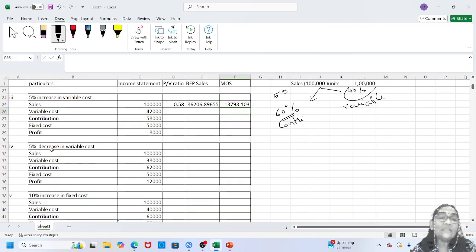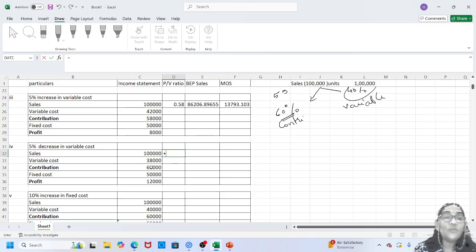Now in this case, there is a 5% decrease in the variable cost. We just finished the increase. Here there was an increase in variable cost. Here it is a decrease in variable cost. So sales will remain the same. Variable cost will decrease, so contribution will increase and fixed cost remains the same.